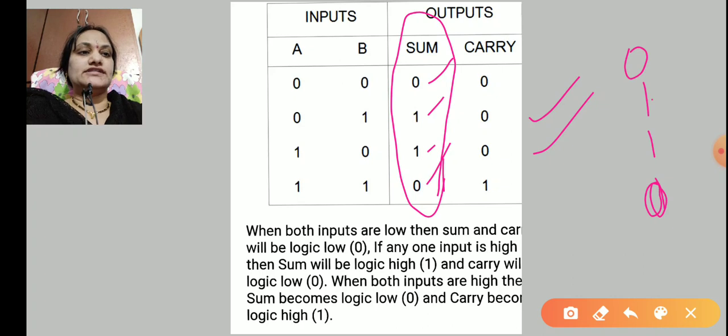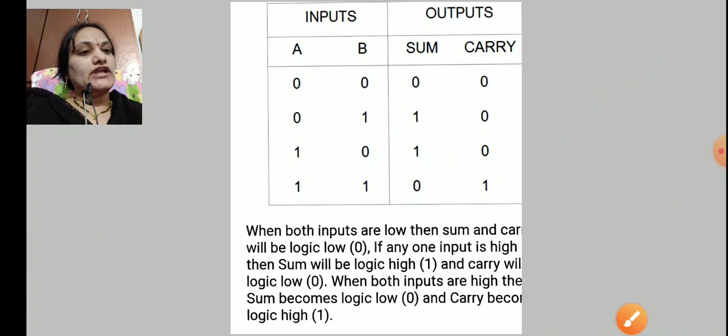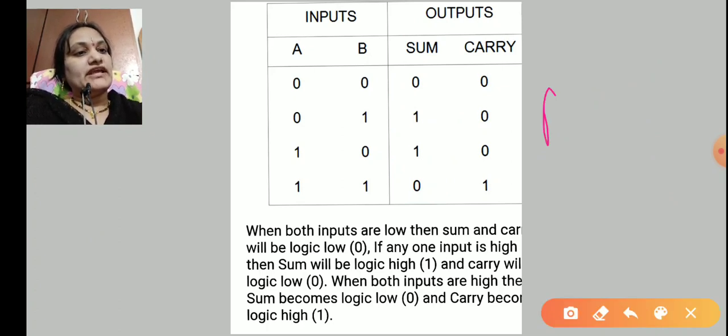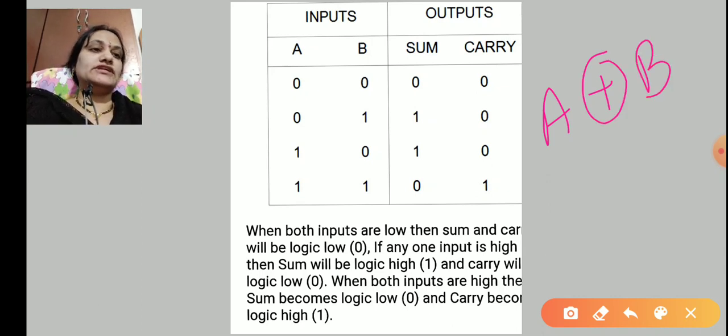That is why sum is written like this: A XOR B.